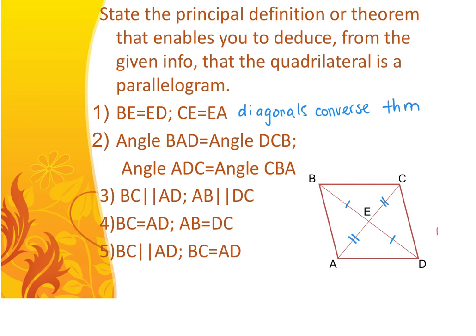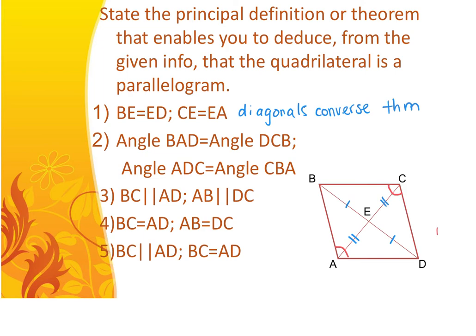Okay? Number 2, angle BAD equals angle DCB, and angle ADC equals angle CBA. Well, let's go ahead and fill that in our diagram. BAD is right here, this angle. So let's put a mark there. And that one is equal to DCB.